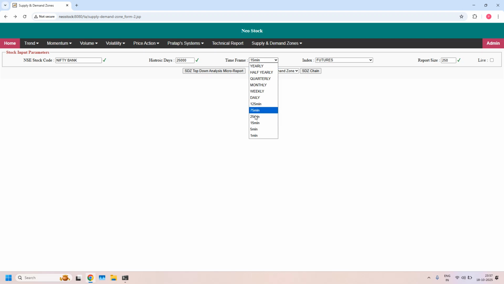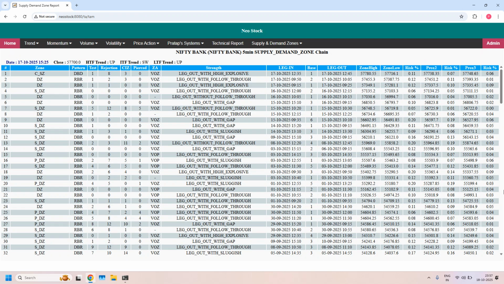Next, generating 5 minutes supply demand zone chain reports for Bank Nifty. So this is a Bank Nifty supply demand zone report generation. That means we have completed both Nifty and Bank Nifty reports.